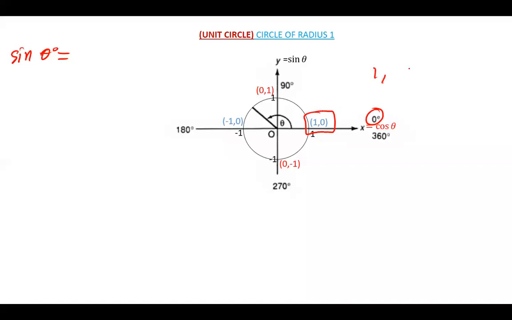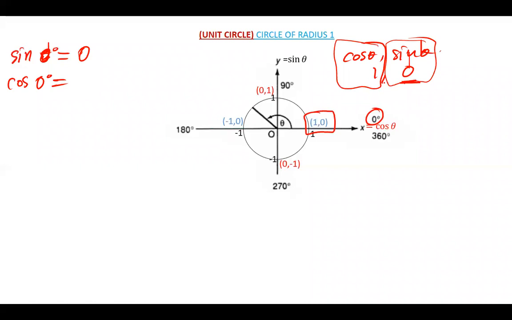And remember what I said, these coordinates are read as cos theta, sine theta. So sine 0 degrees is simply 0, because what is under sine on this side is 0. If we say cos 0 degrees, the answer will be 1, because we read these coordinates as cos, sine, which is 1, 0. So the answer is 1.